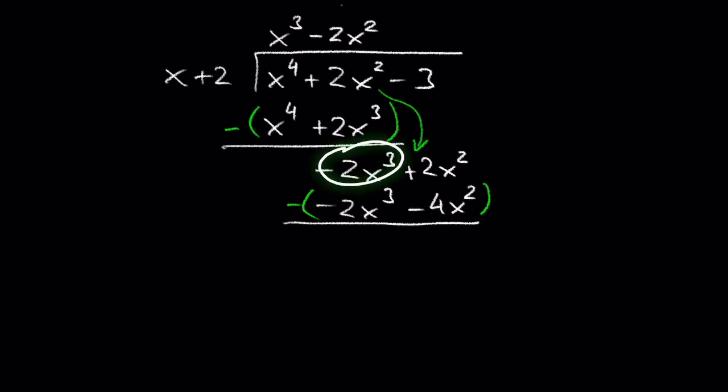Negative 2x cubed plus 2x cubed is 0, and 2x squared plus 4x squared is 6x squared.